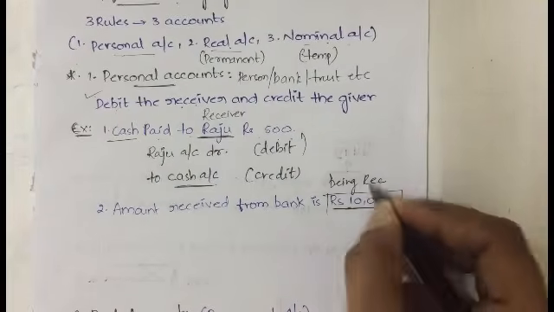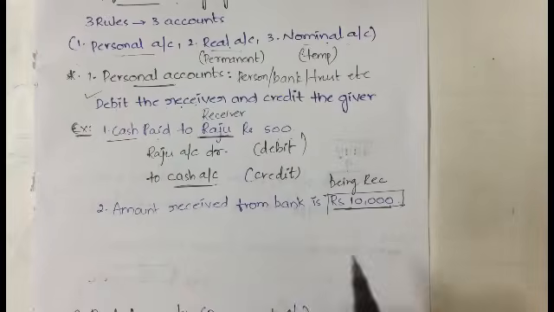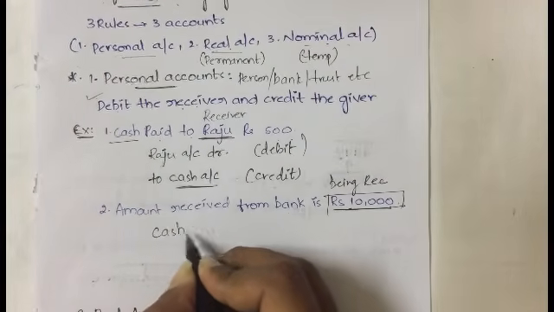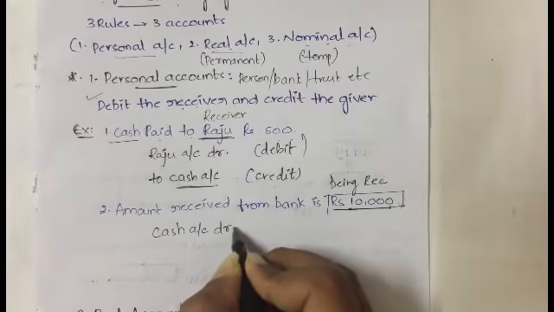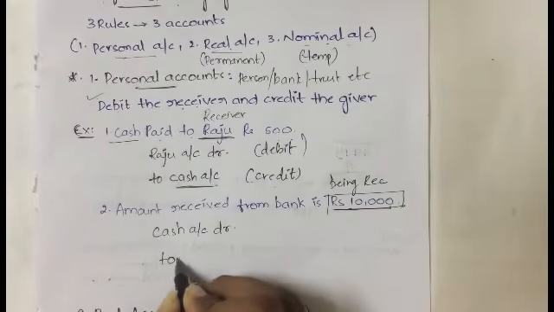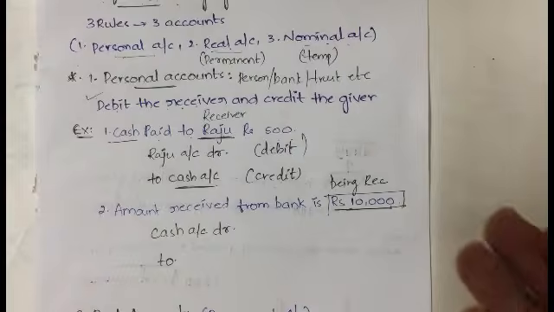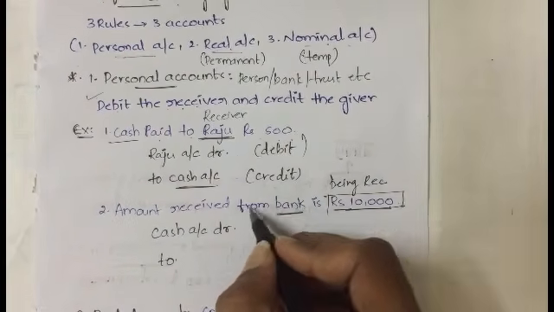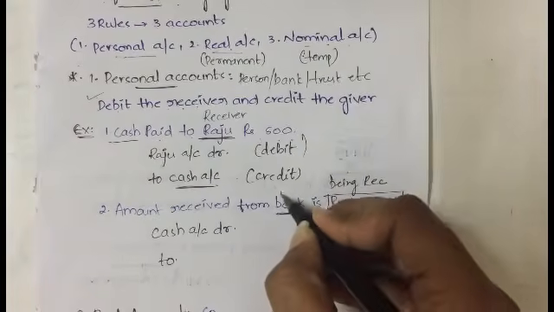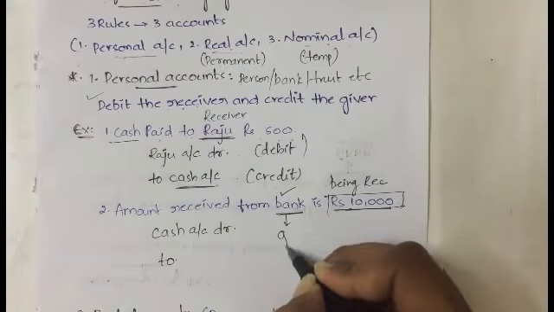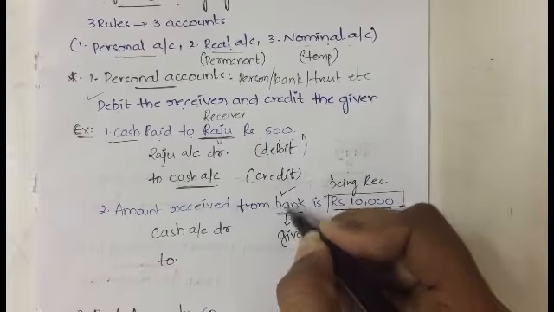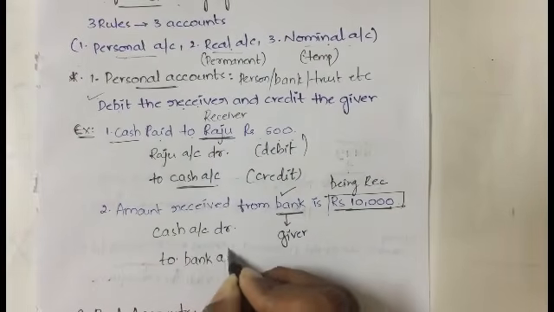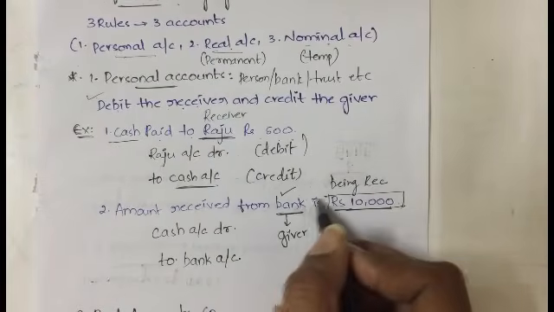So cash account debtor to, and who is credited? When this is the debtor, obviously the bank is giving the money, so the bank will be the giver, so credit will be given to the bank, to bank account. And what is the money?